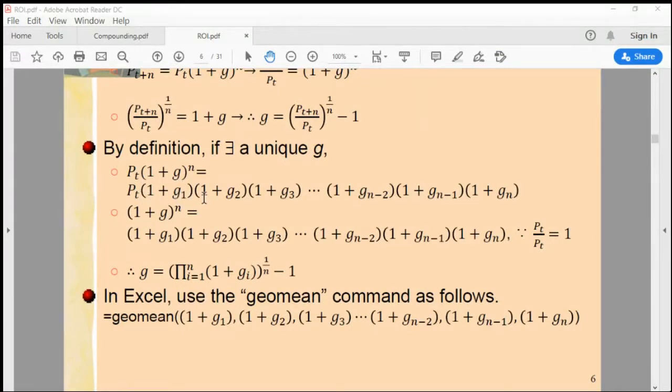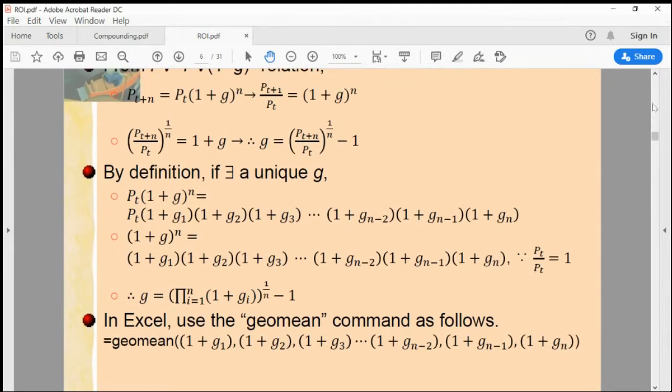All of this will simply collapse to the future value PT plus N, which is originally what? PT plus N is PT times 1 plus G1 times 1 plus G2, 1 plus G3, and so on, up to 1 plus Gn, the last term.